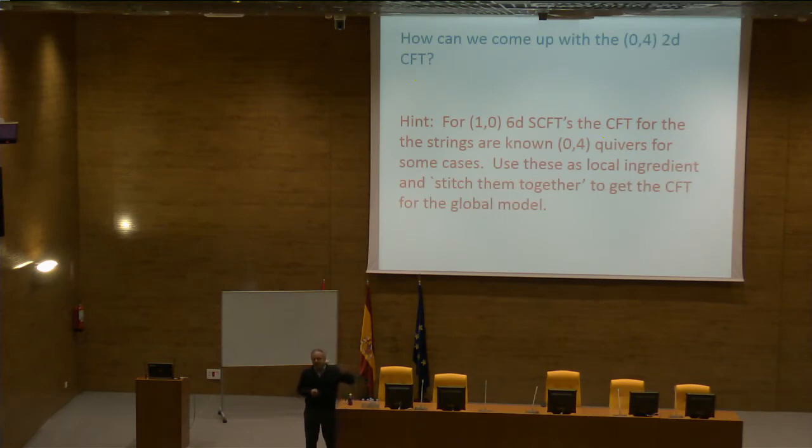In a number of cases, people have studied what kind of quiver gauge theory you get on the worldsheet of these strings, and therefore studying them might be a hint about what these things look like. That's the basic aim. So the idea is to use these as local ingredients and stitch them together to get the CFT for the global model. That's basically the hope or the idea.